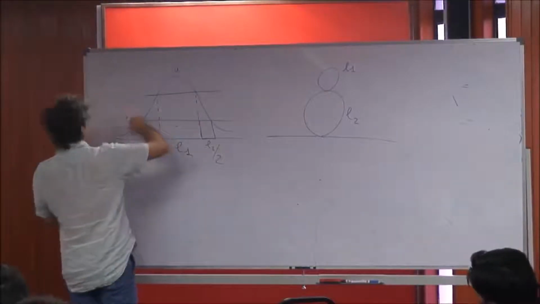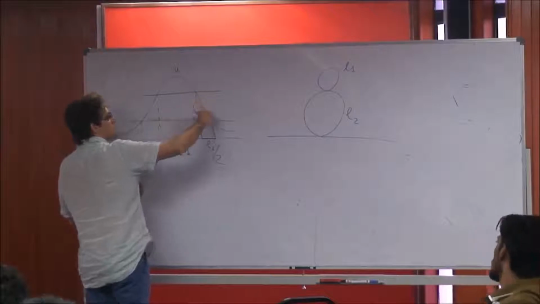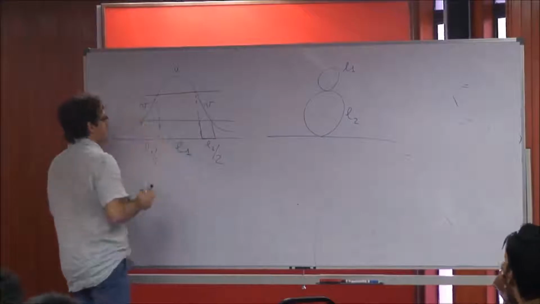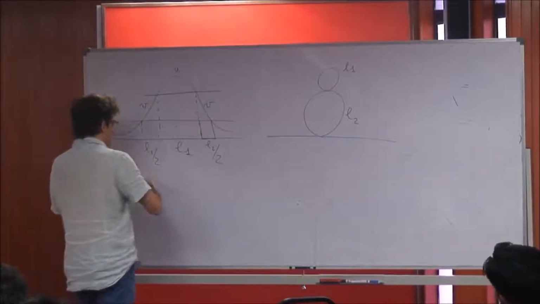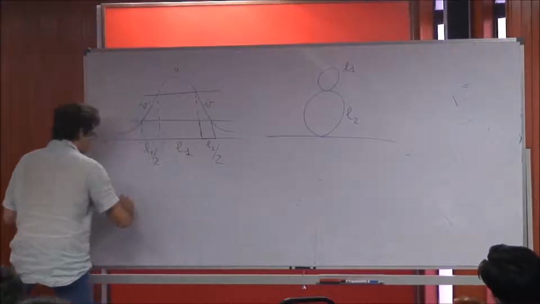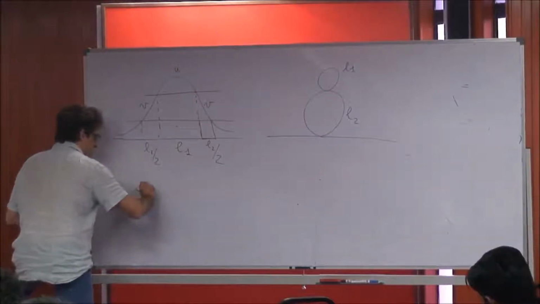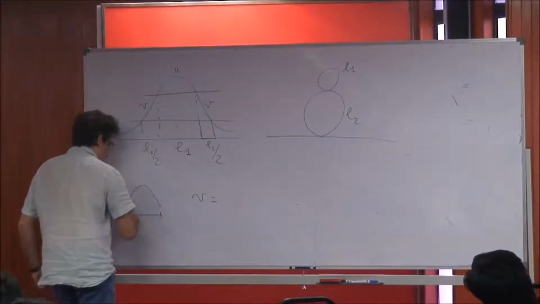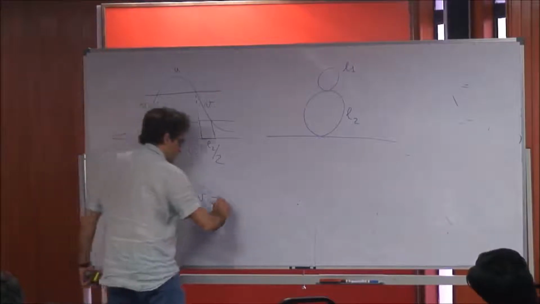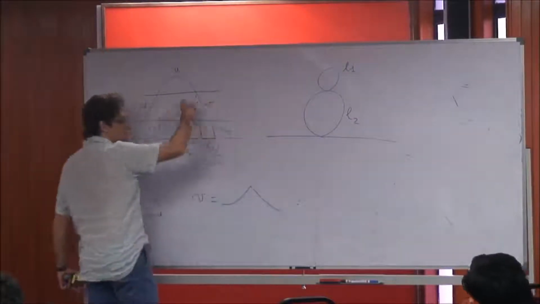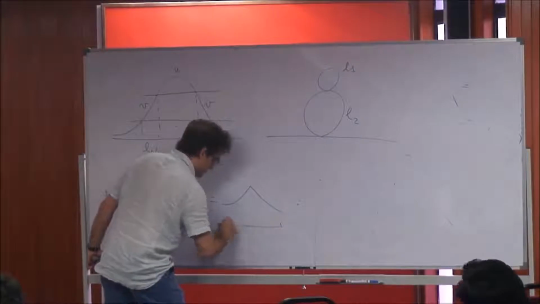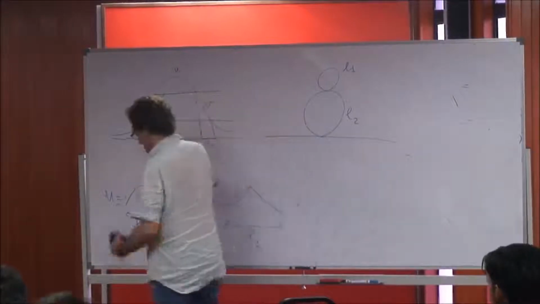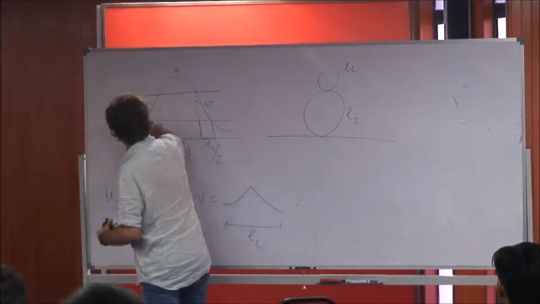And there are two arcs isolated by the two cuts, and I call both of them V. So basically we have a function U, which is the head of the soliton, with support L1, and a function V, which is given by these two intermediate parts of the soliton, with support L2. And I call the remaining parts W, W, and W.